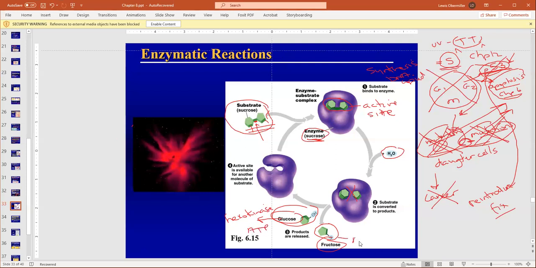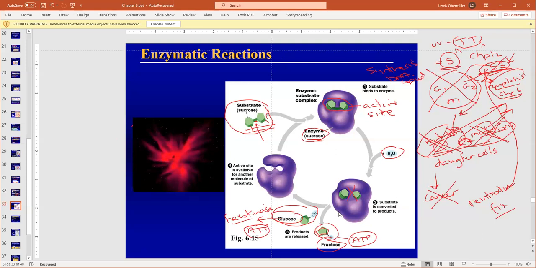Same thing with fructose. It's not the same molecule because this is more shaped like a pentose. So there's another enzyme called a pentokinase that would react on fructose, and that would send it on its pathway to split it in half to make ATP as well.